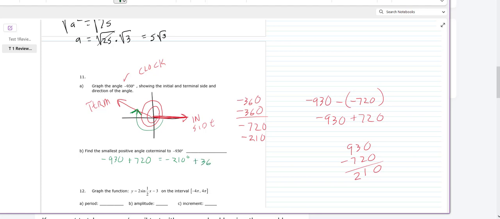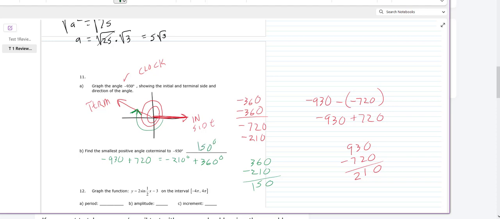Now if you add 360 to it one more time, you'll get the smallest angle that is coterminal to negative 930. Coterminal just means they have the same initial and the same terminal side. So you could do 360 minus 210, which would give you 150 degrees.